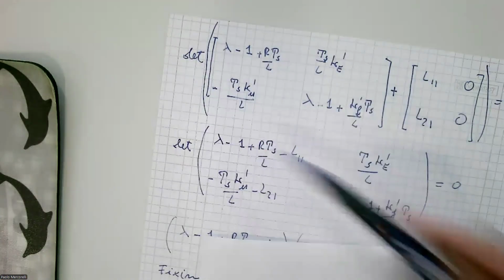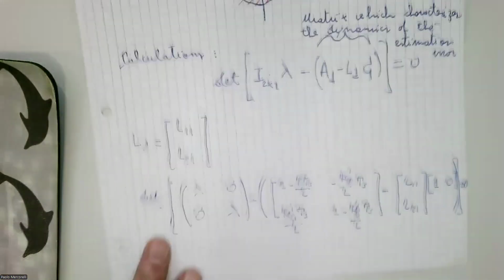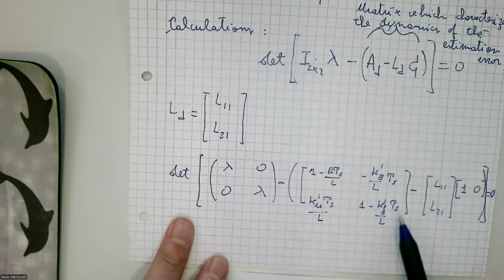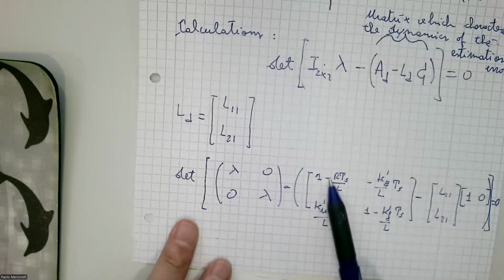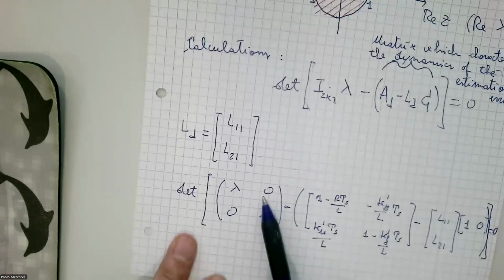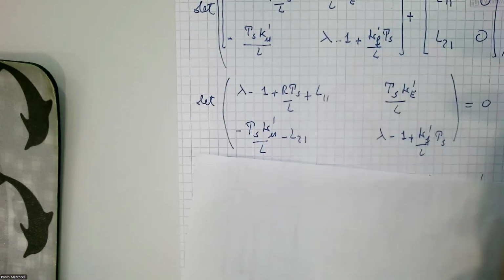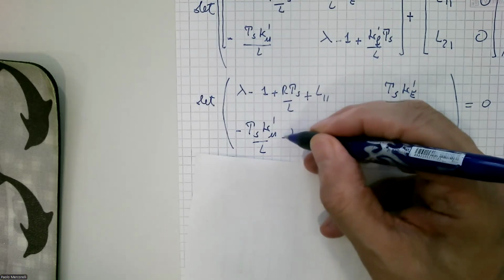Where does this matrix come from? It comes from here, this matrix minus this matrix here. It's not so difficult, no? Lambda minus 1 plus this, 0 plus this because of this minus, and so on. Here I have to correct to plus.